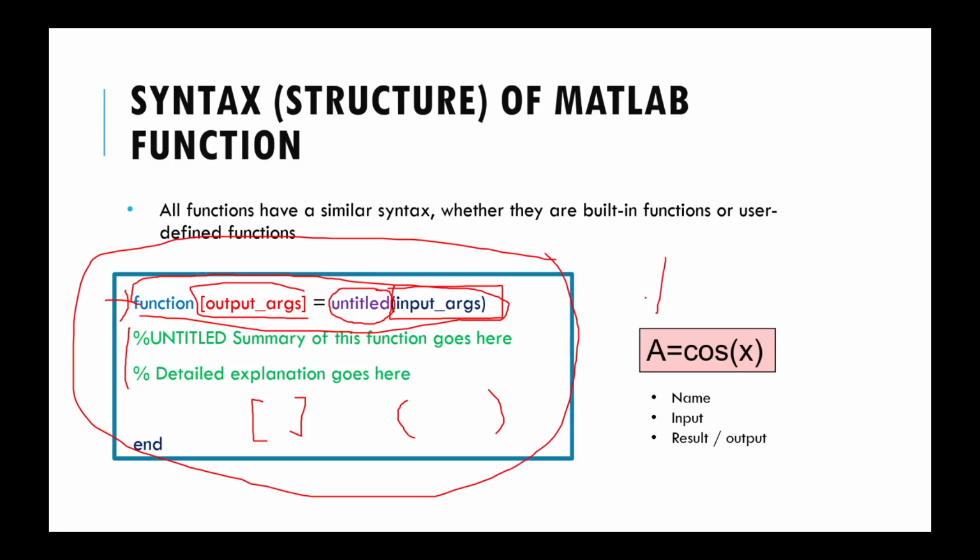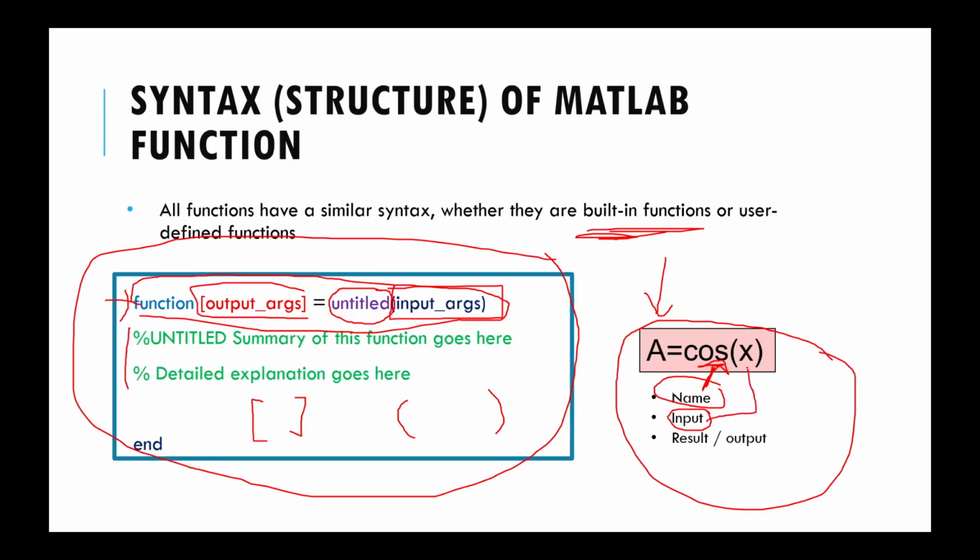Let's take a look at this example here. Whether they are built-in functions or user-defined functions, they have similar syntax. This is the syntax of a cos function. Cos is a type of built-in function. It consists of a name, which is cos.